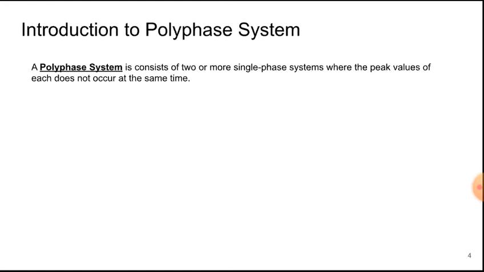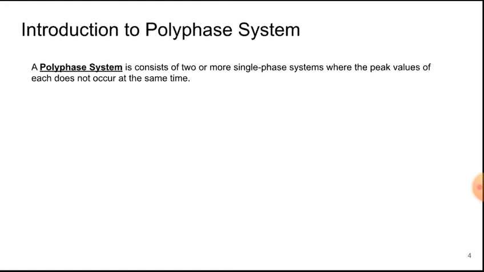Now, if we combine these single-phase voltages into two or more phase voltages with different phases, then that system is called a polyphase system.